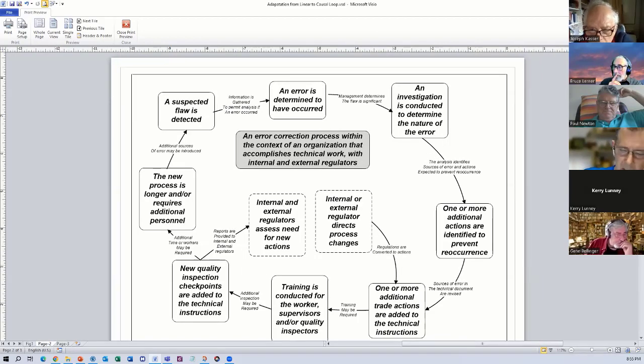And that is, as a result of all those corrective actions, the process is now longer and requires additional people. As soon as you do that, you start introducing the opportunity for more errors because we haven't changed the work standard. We haven't changed the expectations for timely delivery. And so you have the opportunity for more errors. Now you can see you get more errors, you get another, and you begin to work around the loop.